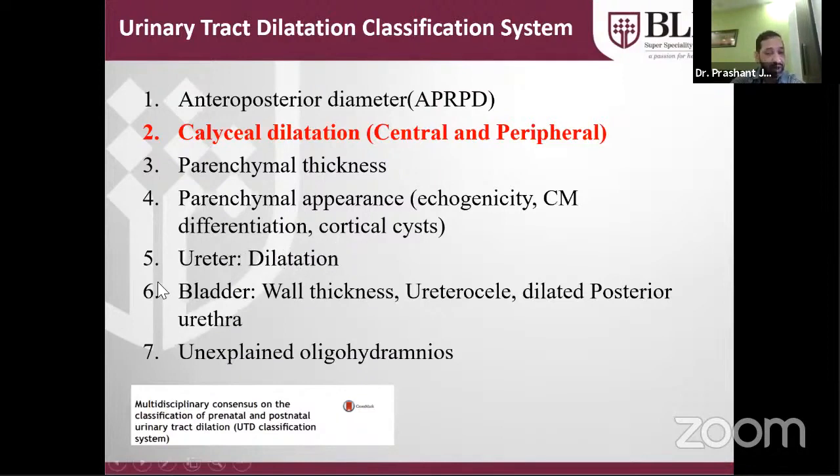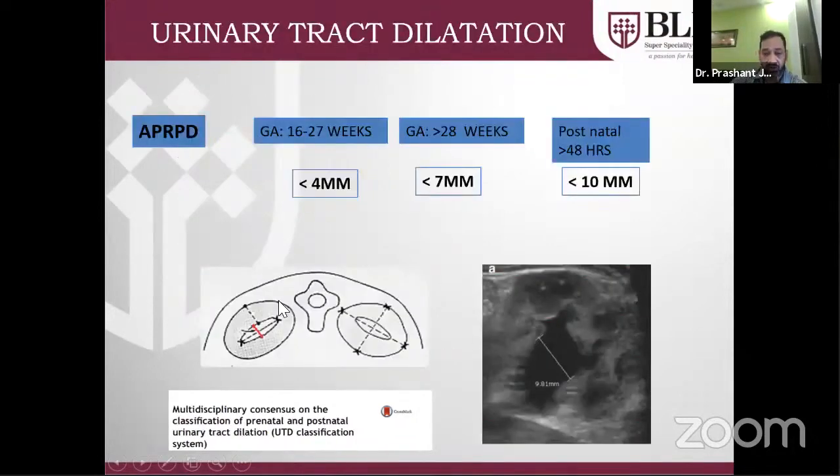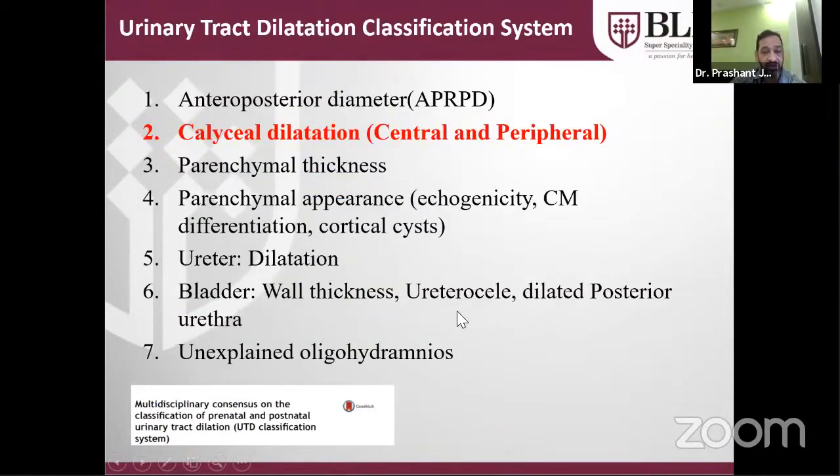Ultrasound can also make out dilated ureters, as normally the ureters are not visualized. But if the ureter is persistently dilated, you can easily observe it on ultrasound. Ultrasound will give you an idea about the wall thickness of the bladder, presence of ureterocele, dilated posterior urethra, or distended bladder, which are all findings suggestive of some sort of pathology, and also unexplained oligohydramnios.